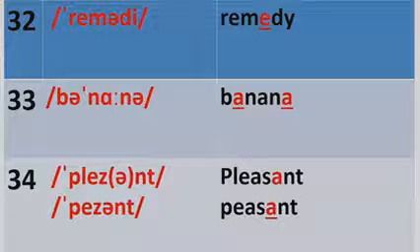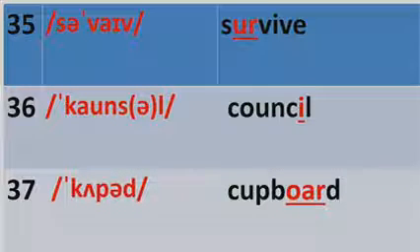Number 35, we find the schwa in the spelling UR, and the word is pronounced survive. Say survive instead of survive. Number 36 is found in letter I, and the word is pronounced counsel.